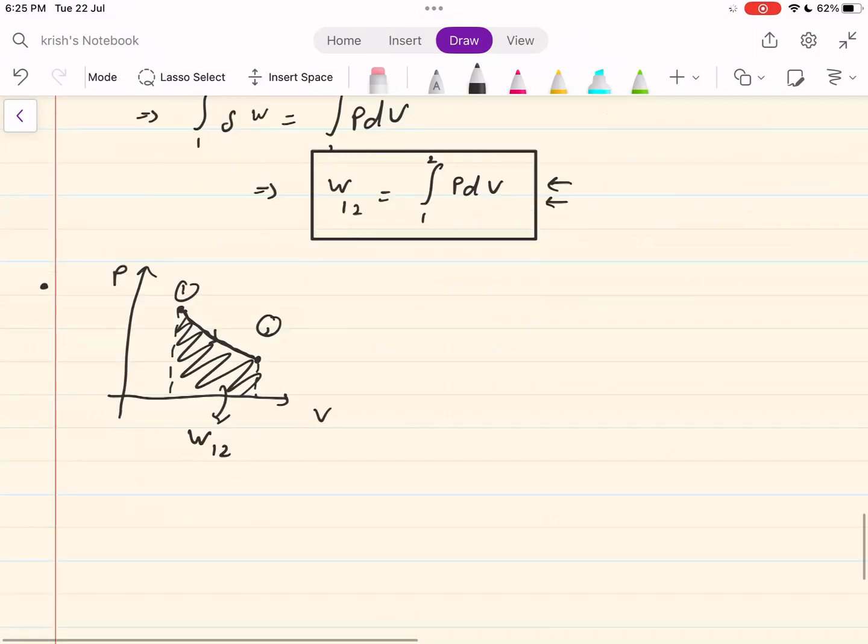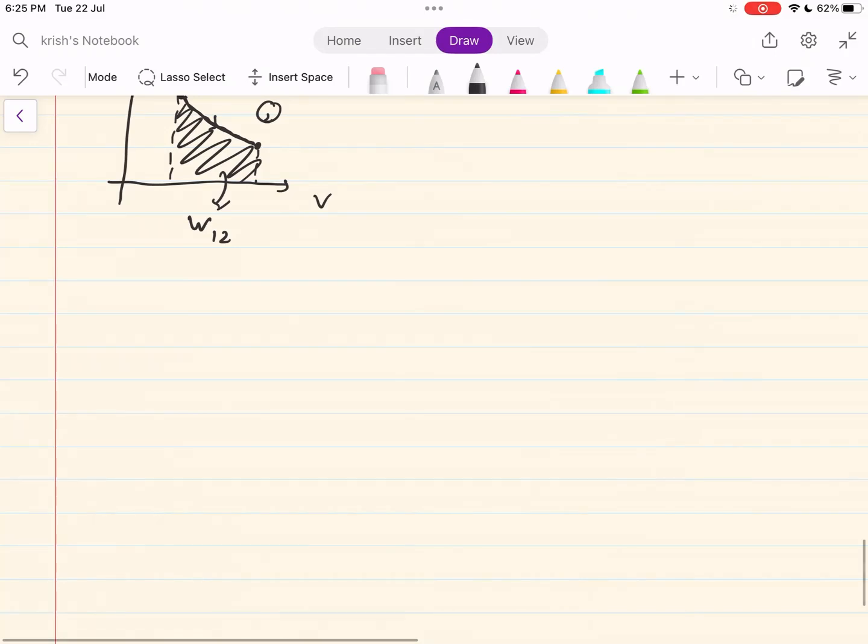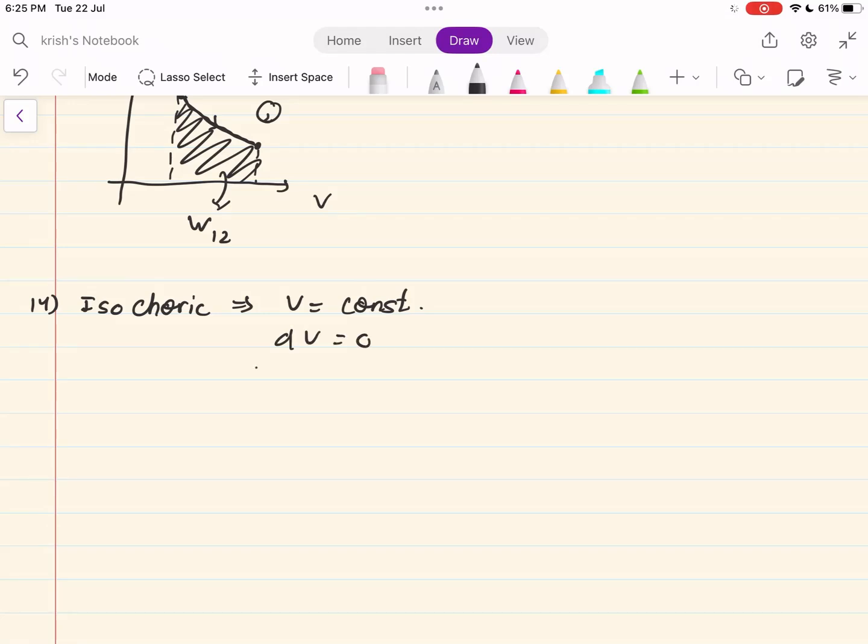Now, we're going to be looking at the various processes by which this work can occur. We have isochoric, V equals constant, which means dV equals 0, which means work done is 0.